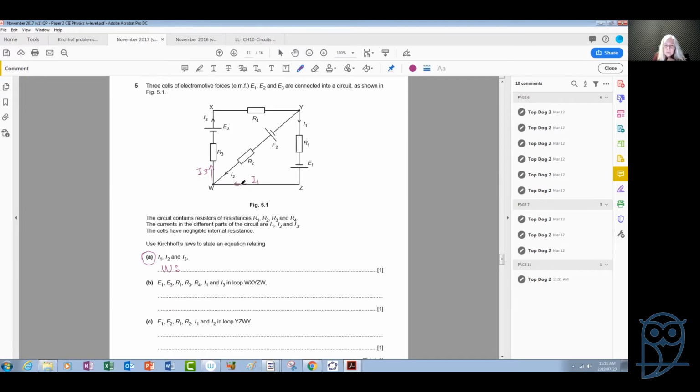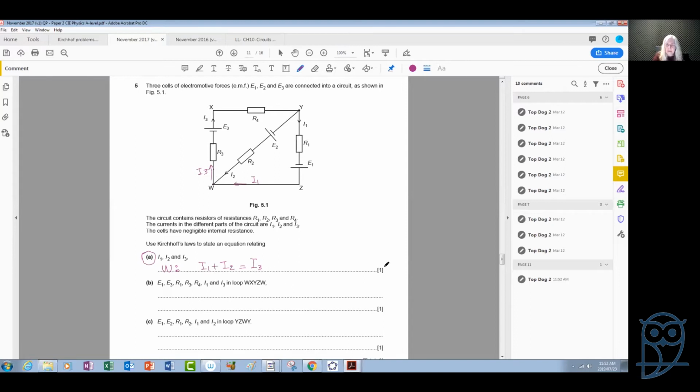So I1 and I2 go into the junction. The sum of I1 plus I2, which are the in currents, must equal the out current, which is just I3 here. So this is the one equation that relates those three currents: I2 plus I1 equals I3.